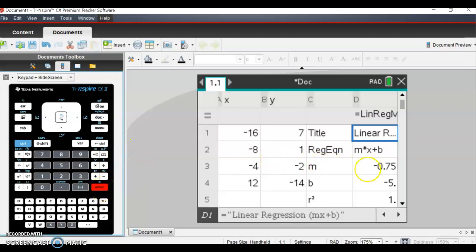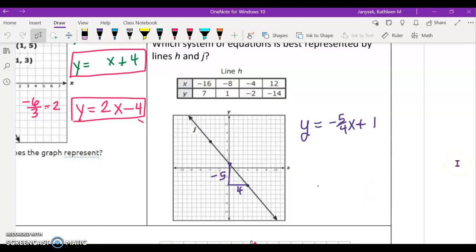So you can see we have our m is negative 0.75 and our b is negative 5. So we are going to go back up. Let's write our new equation down. y equals negative 0.75x was our slope, and our y-intercept, our b, was negative 5. So using the table and lists and spreadsheets is a great helpful tool.